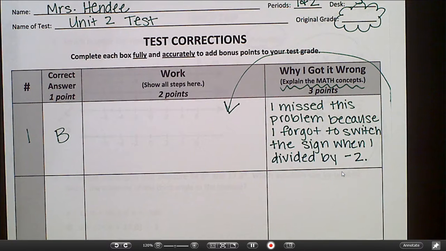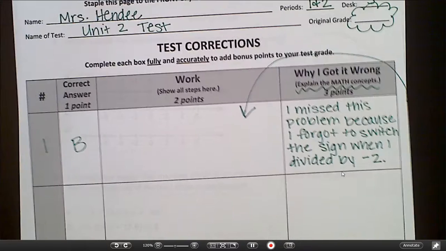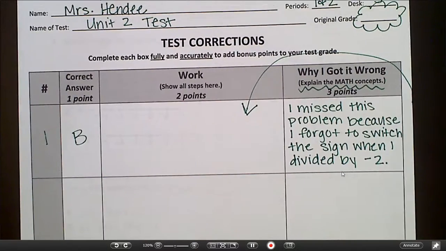So see how that's extremely detailed. I can tell exactly what it is that I messed up on just by looking at this part. So take just a minute to fill in why you missed it, if you missed number 1.